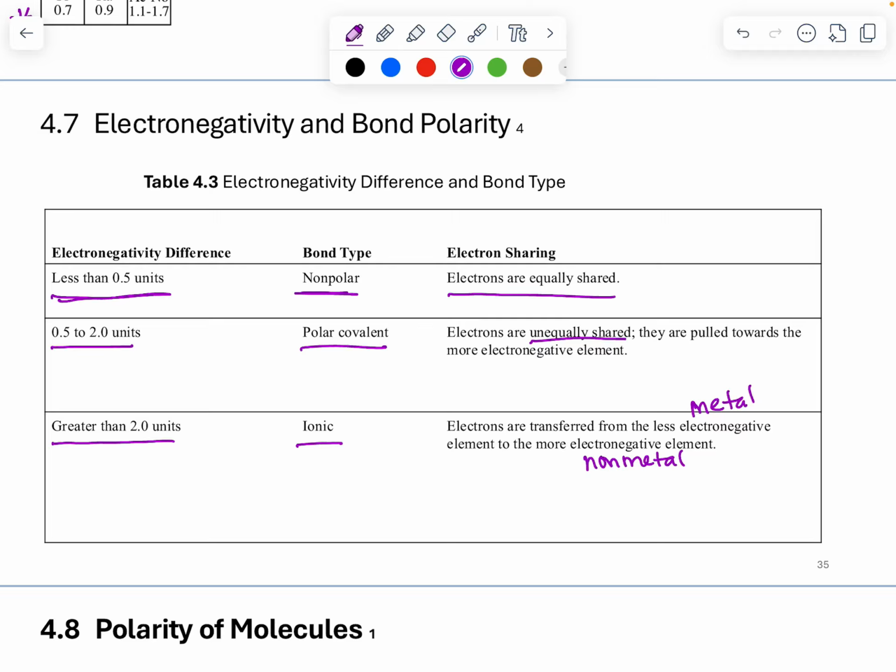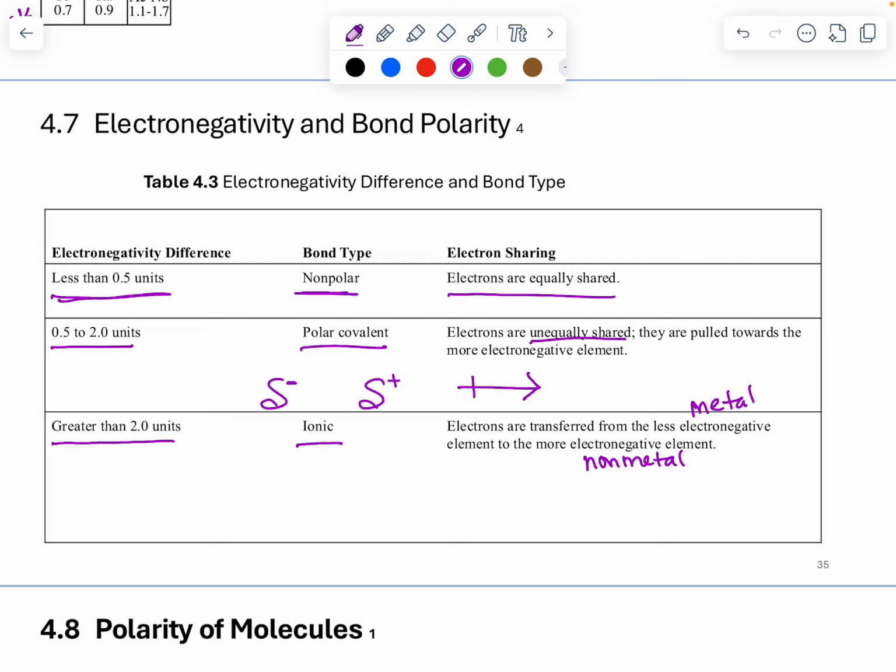So a partial negative would go on the element with the highest electronegativity value. A partial positive would go on the element with the lowest electronegativity value. And you can also draw what's called a dipole moment, which is an arrow with a little cross at the end.